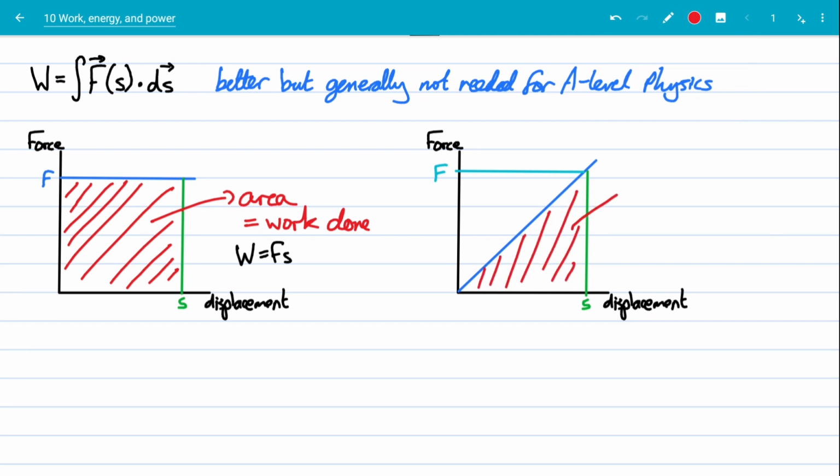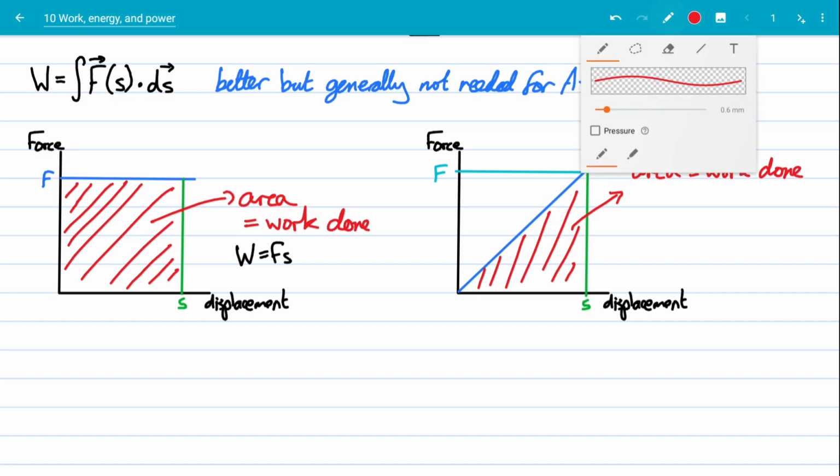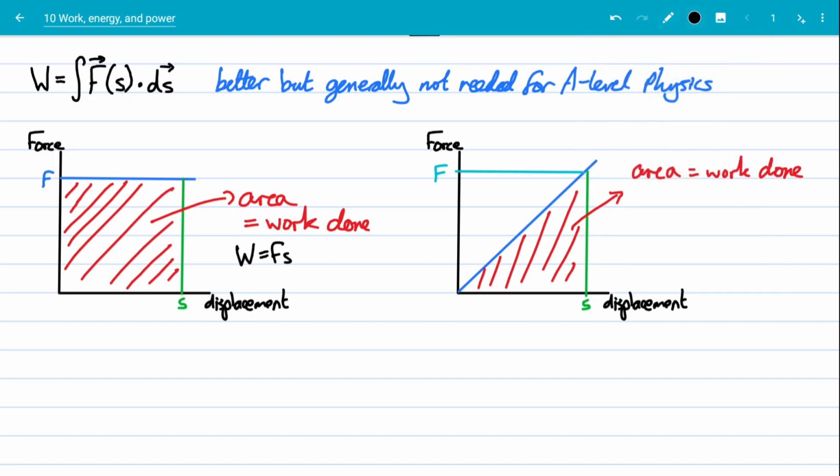That's a triangle. Everyone remembers the area of a triangle. Area still equals work done. That hasn't changed. But now the equation is the equation for the area of a triangle. So that means the work done is going to be half times F times S. Now that's interesting.